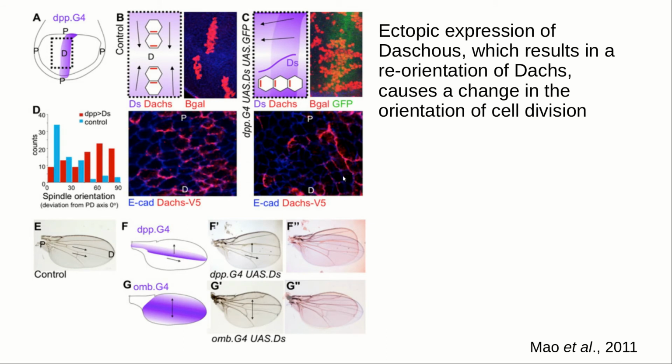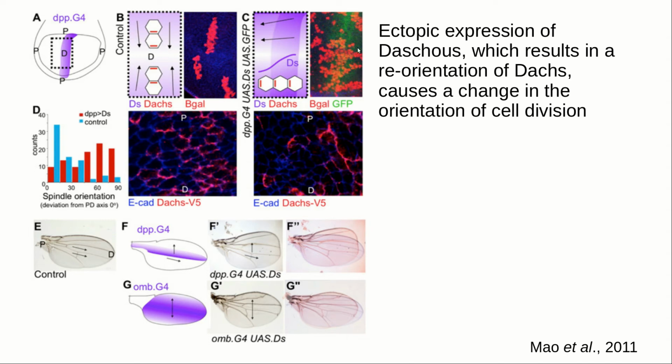And as you can see here, expressing Dachsous in an ectopic gradient. Okay, this would be the regular gradient of Dachsous, and then that gets oriented in this way. Okay, the red lines, and clones grow in this way. So if you overexpress Dachsous in an orthogonal gradient, you get that clones get oriented in the opposite way, and that is oriented also orthogonally.